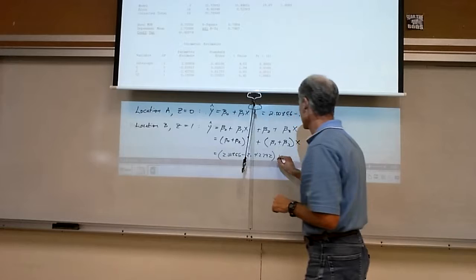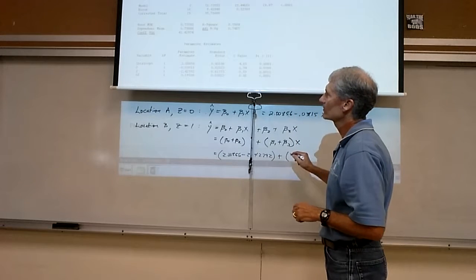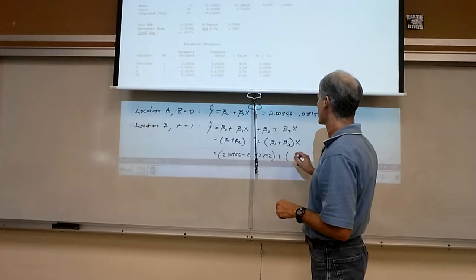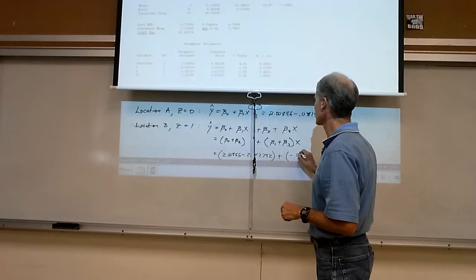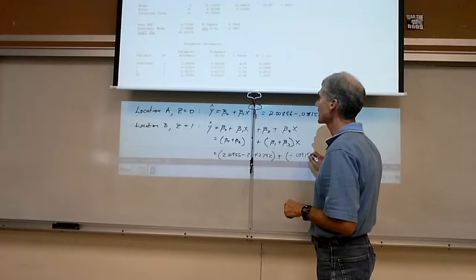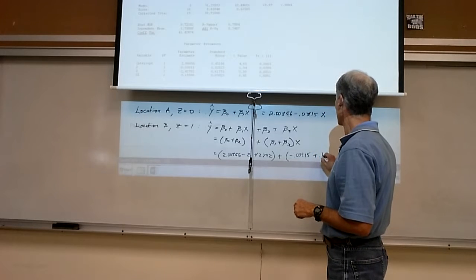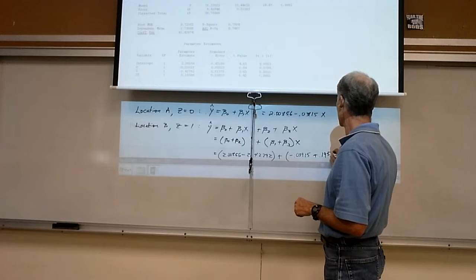Somebody do that one on the calculator, and the rest of you do the next one, which is negative 0.03915 plus 0.19506.